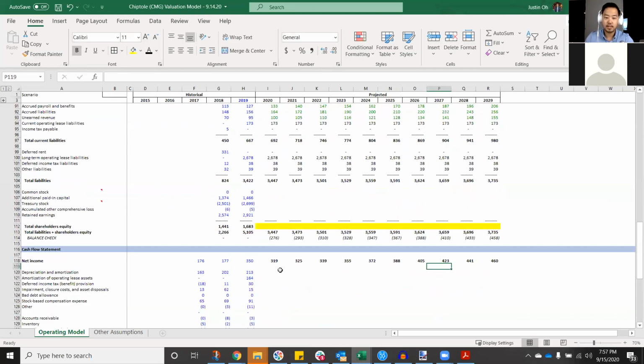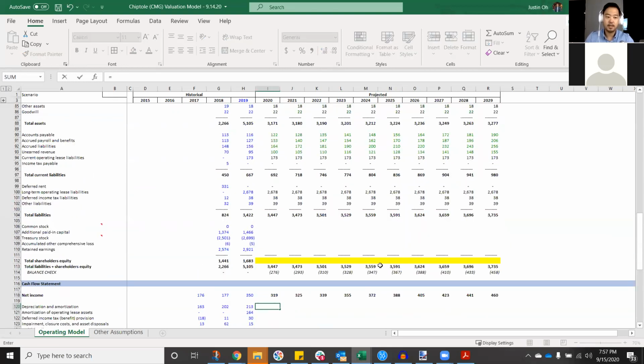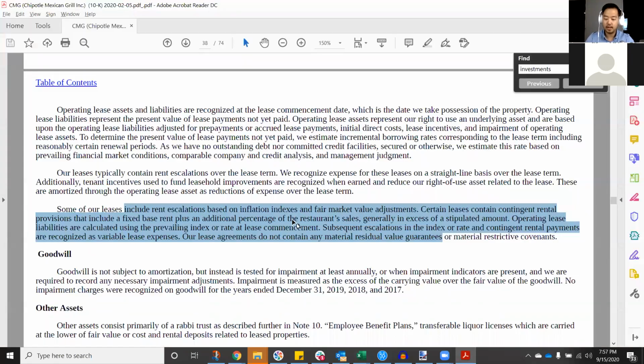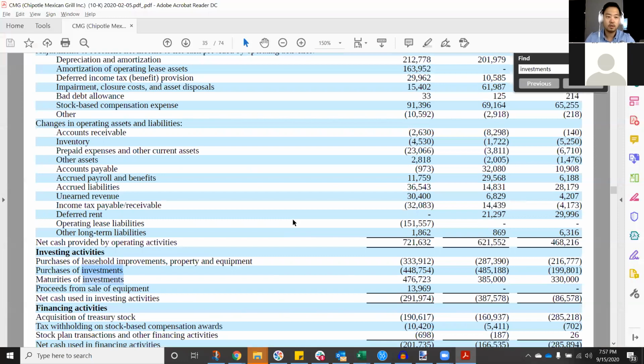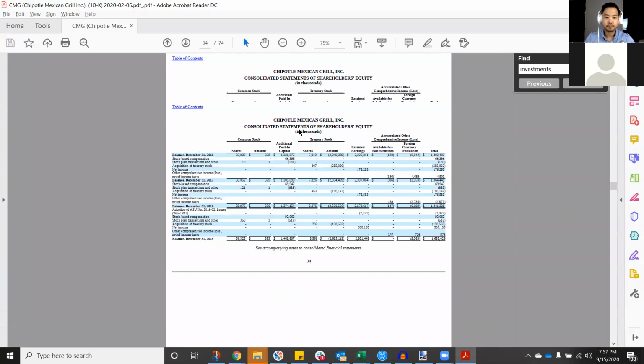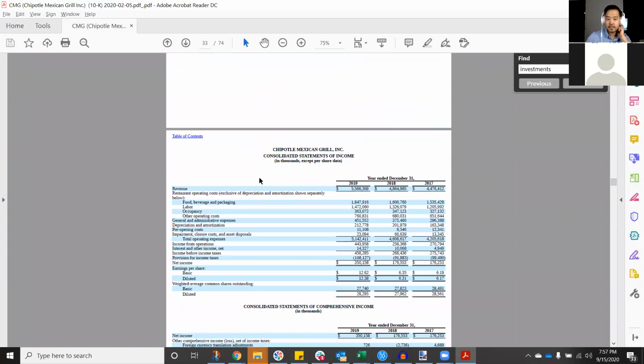Depreciation, amortization. I go up to D&A. You want to make sure, because sometimes not all the D&A is captured. Even if a company splits out depreciation and amortization separately, and not all companies do, but this one does, that doesn't necessarily mean that's all the depreciation and amortization you have to add back.